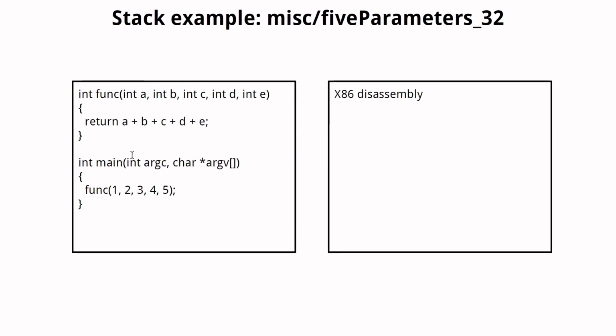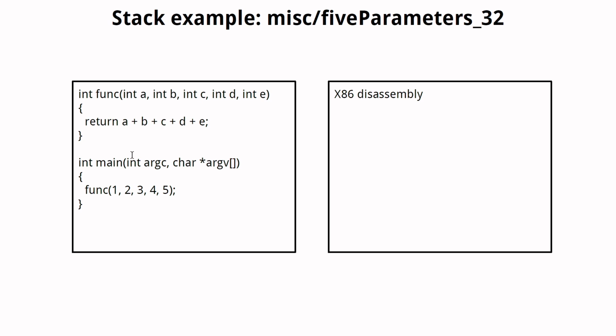Then another example, a very simple program. The main function calls func, and we're just adding 5 parameters together. The func has 5 parameters, A, B, C, D, E, and adds them together, then returns.